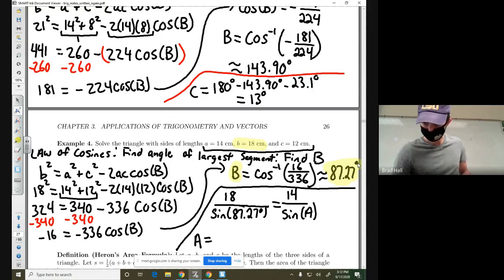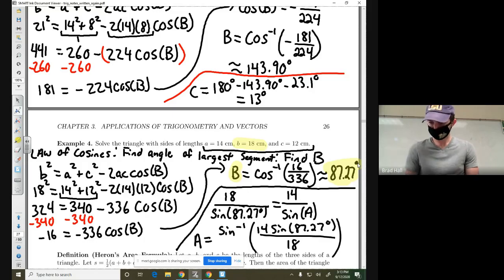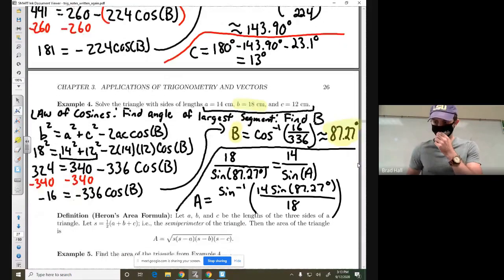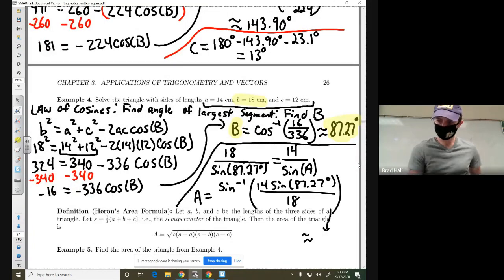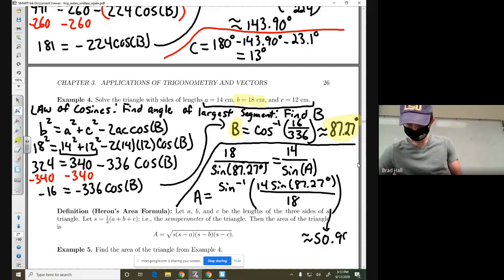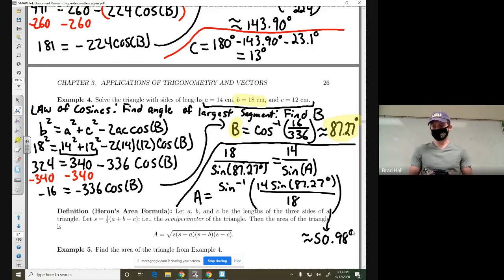And if you do all this correctly, because I'm running out of room and time, that's what I get.